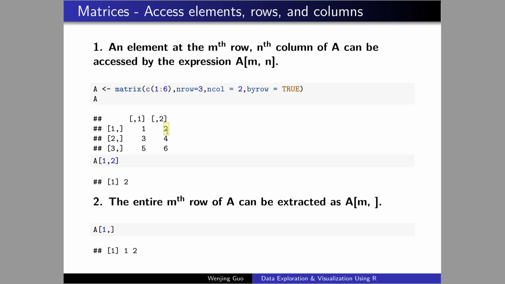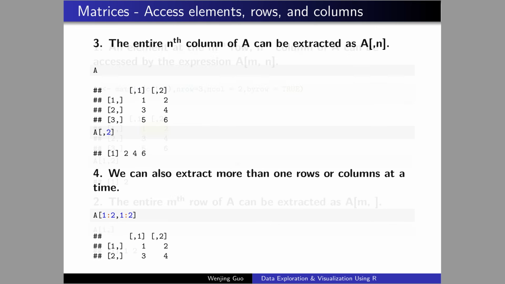Sometimes we need to extract the entire mth row of matrix A. We can use A square bracket m, comma, square bracket. For example, we would like to extract the first row of matrix A. We can use this R command and R returns 1, 2 here. It's the first row of matrix A.